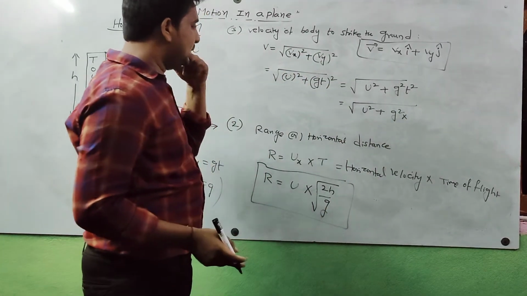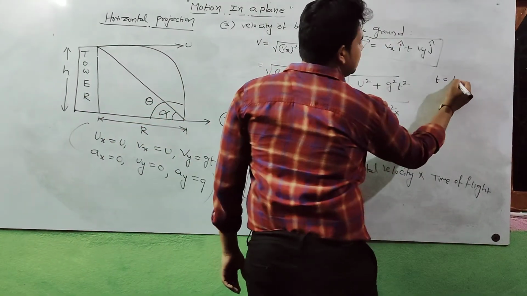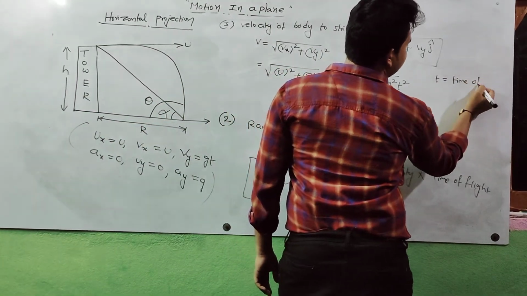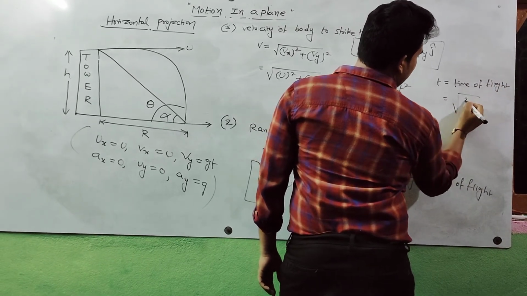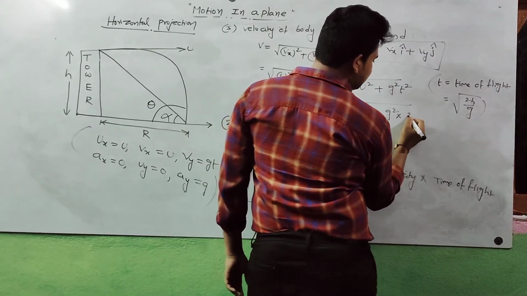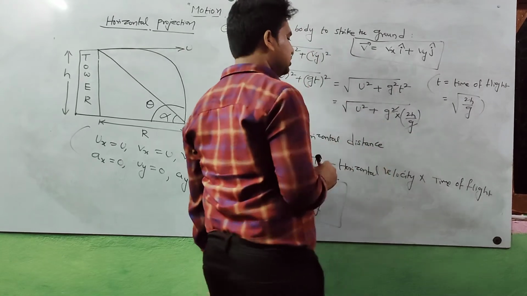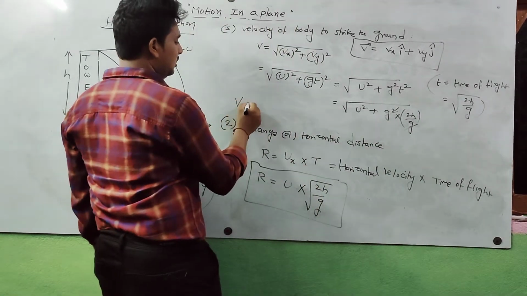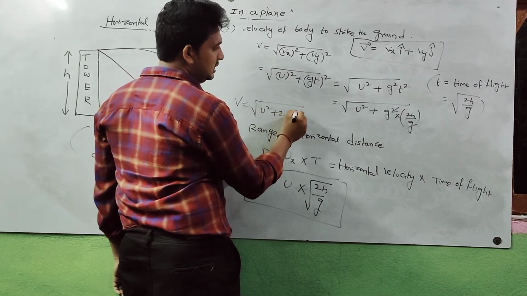Here t means time of flight, with the time of flight formula square root of 2h by g. Substitute here. So root 2h by g whole square means 2h by g. The g square is going to be cancelled. Finally we got V is equal to square root of u square plus 2gh.